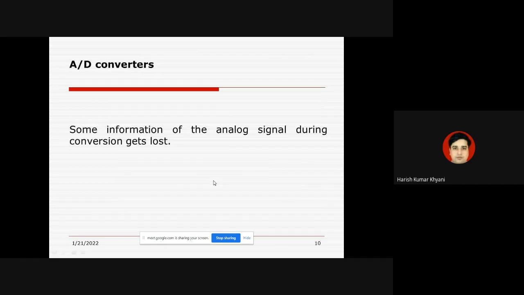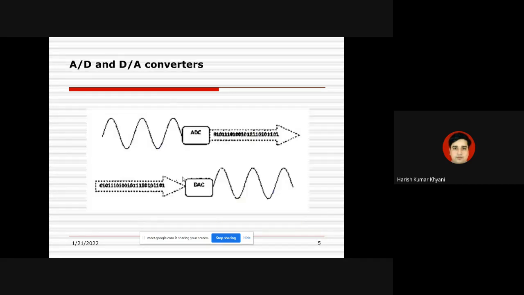But in this conversion, some information gets lost, because we all know that the analog signal is continuous in time as well as continuous in amplitude. It means if we see the analog signal, then at every instant of time we are getting some values.